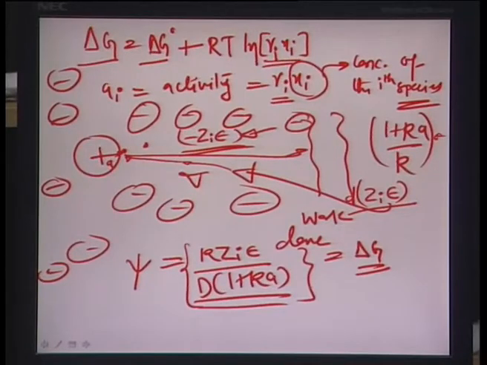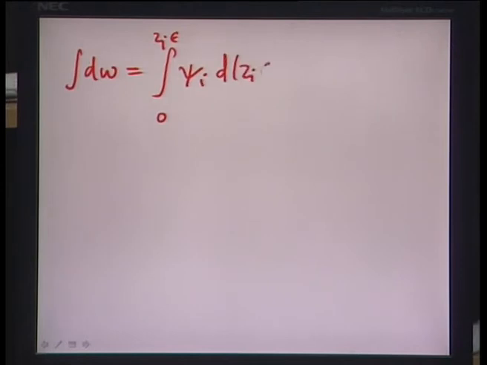So, let us find out what happens in terms of the total work done. Let us assume this work is dW, and we want to find out the total work done when all this charge, all this Zi is brought near to this point A. So, we can represent this by just a very simple integral dW, and we assume that the dZie varies from 0 all the way up to Zie, phi i times d Zie.